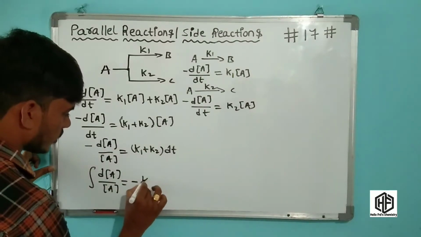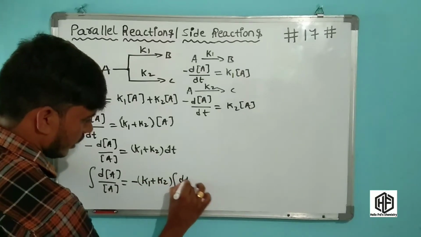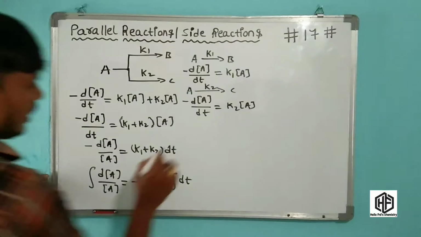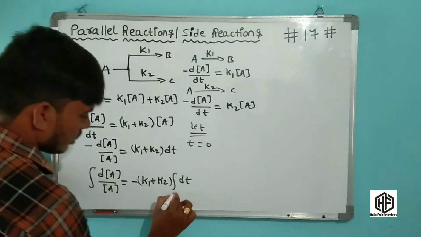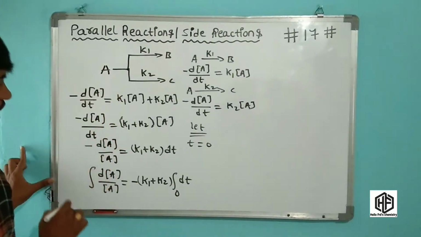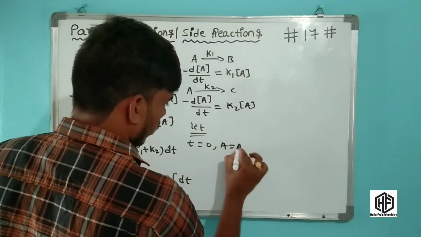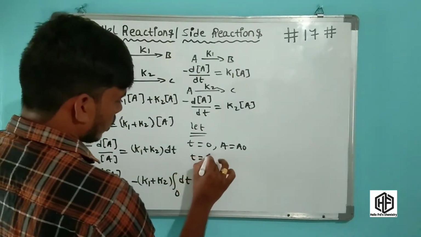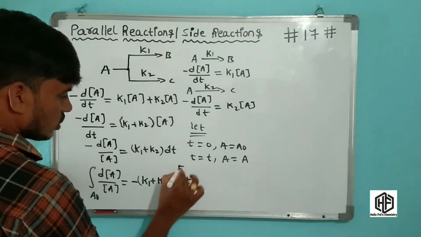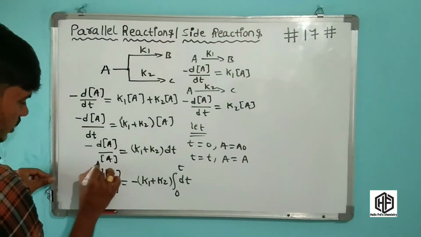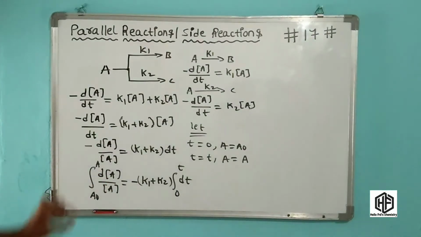The term K1 plus K2 is also constant, so we integrate dt. Let at t equal to 0, the initial concentration of A be A0, and at t equal to t, the concentration of A is A.